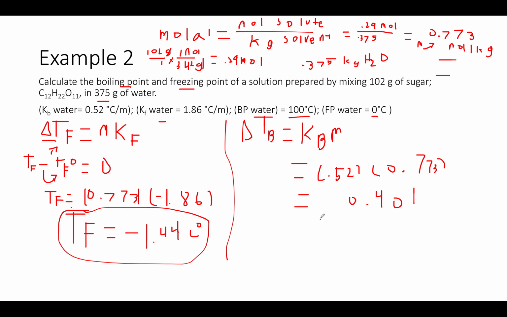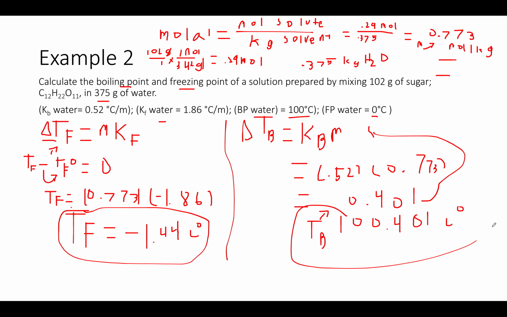Now I'm going to add this to 100, which is the standard boiling point of water. So this solution will boil at 100.401 degrees Celsius. It's boiling point elevation. So I add this to the boiling point of water. So the boiling point of this solution is approximately 100.40 degrees Celsius.